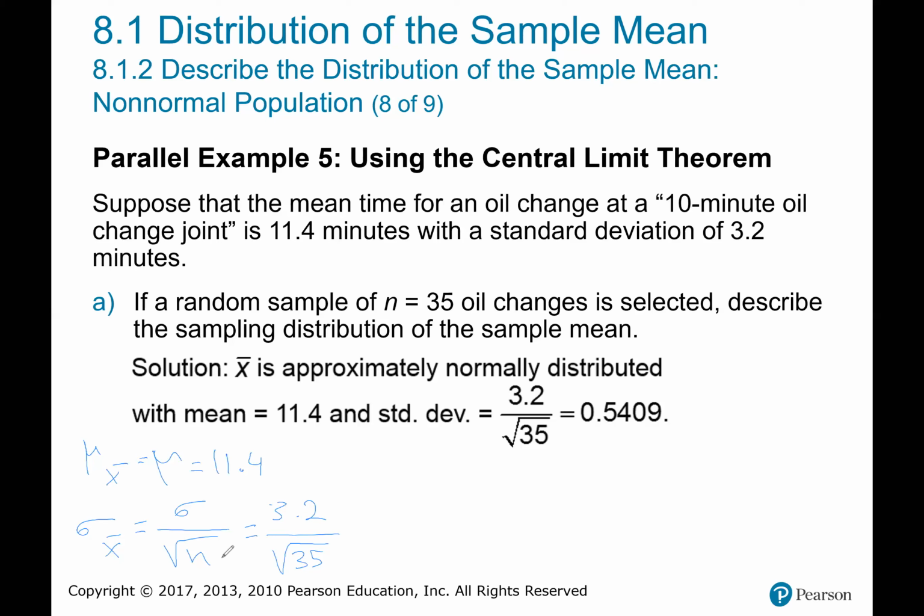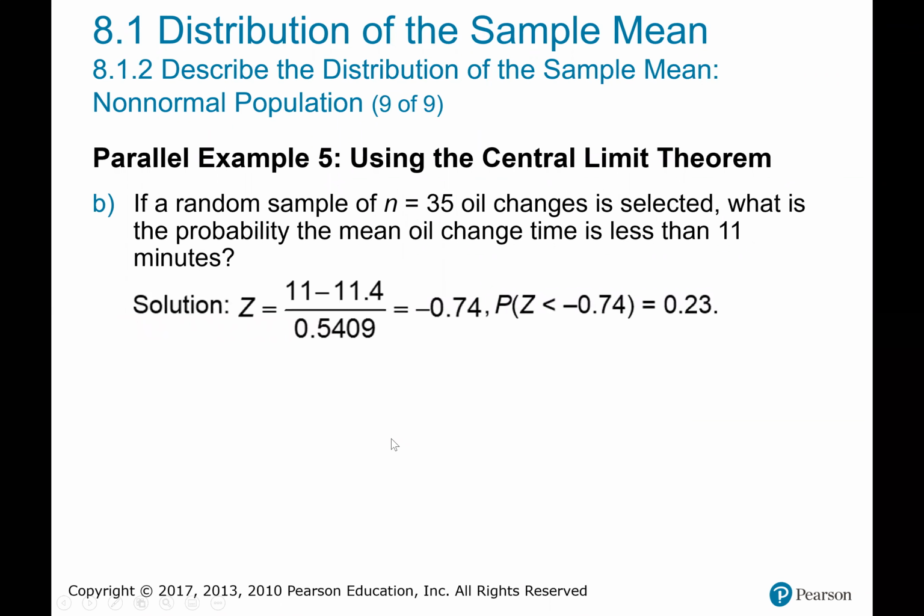So let me again erase this. Now let's see what part B says. Okay, guys, part B says if a random sample of n equal 35 oil changes is selected, what is the probability that the mean oil change time is less than 11 minutes?